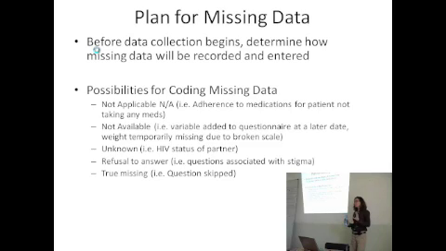It might be important to know that the patient refused as opposed to the data not being gathered. And then the true missing is when the question was actually skipped, the item was never asked, and so a response was never given.